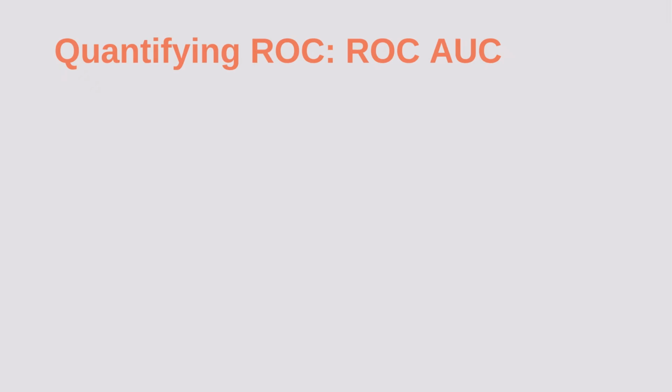So how do we actually measure how well our model performs based on the ROC curve? Ideally, we want a model that gives us a true positive rate of 1 and a false positive rate of 0, meaning that it catches all the positives and makes no mistakes on the negatives. That would be a perfect model.